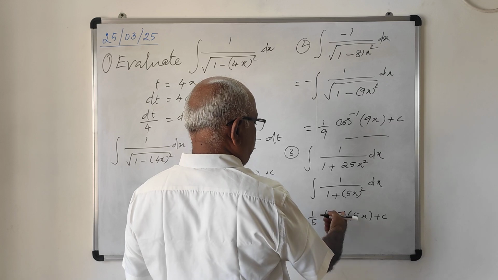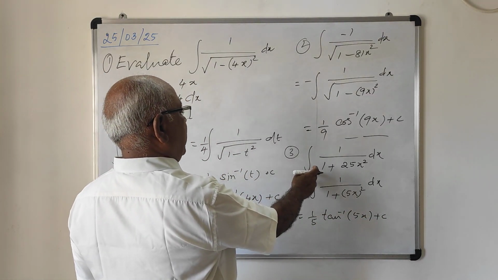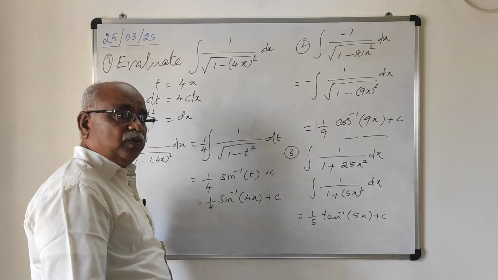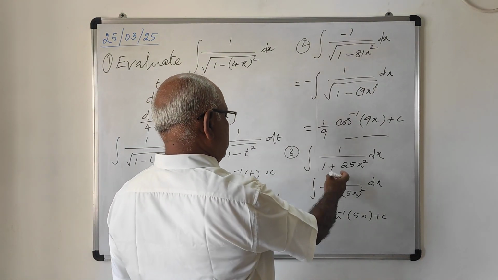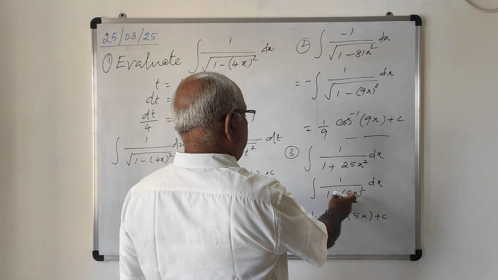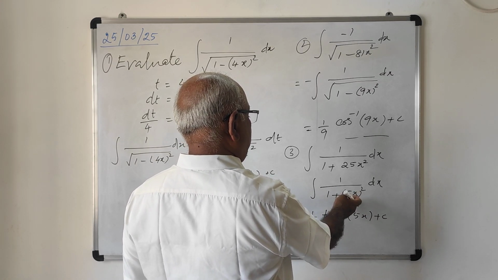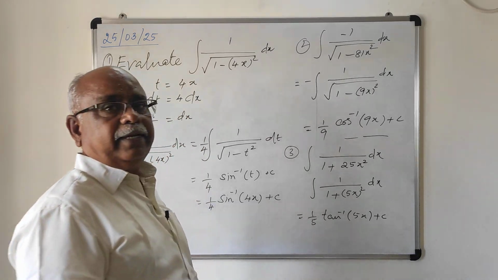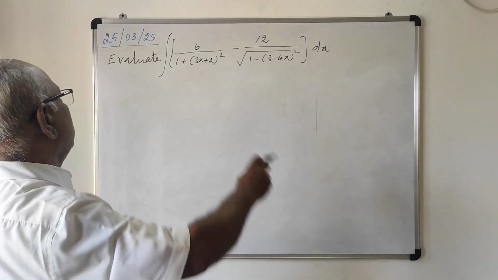So 1 by 5 into tan inverse of 5x plus c is the result for this problem. Like that, the problems can be evaluated using the direct results of inverse trigonometric functions. That's all. Okay. Next, we will evaluate this problem.